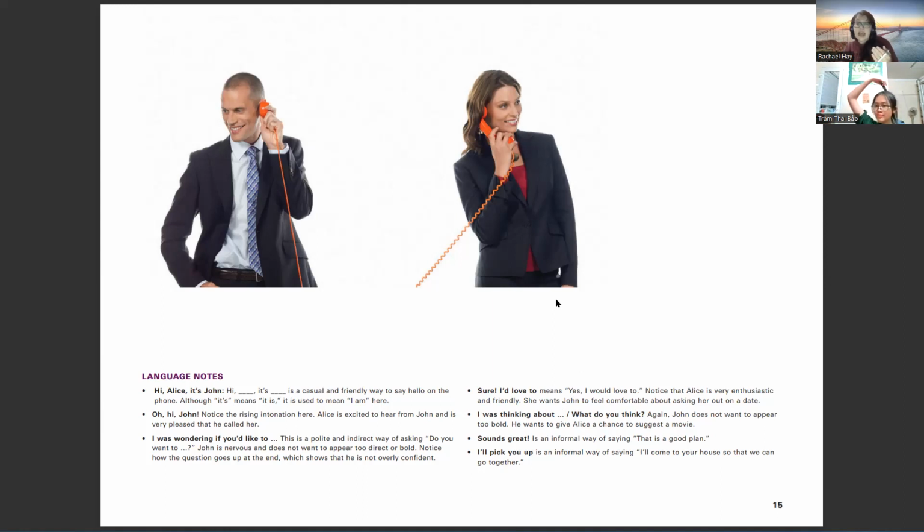Or you can say, "I was thinking about going to watch a movie. What movie are you interested in?" That shows that he doesn't really want to choose. He wants to make her feel happy and comfortable that he is leaving the choice to her.